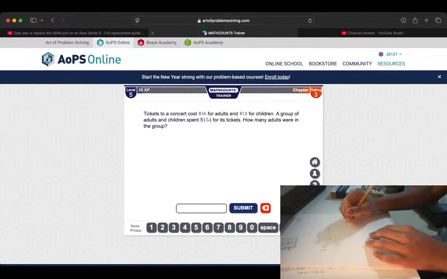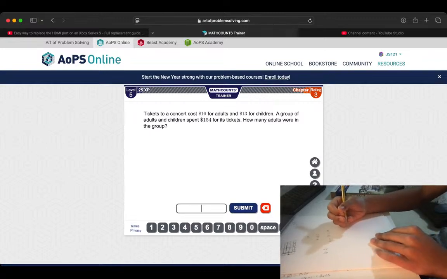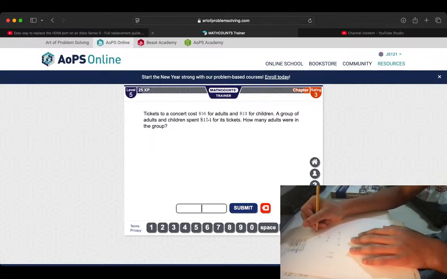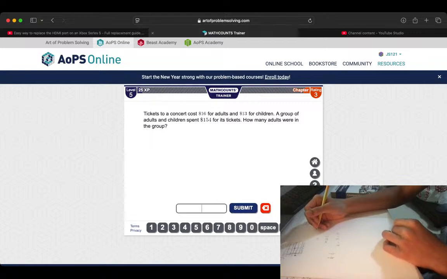Tickets to a concert cost 16 for adults and 13 for children. A group of adults. Okay, I think there's not going to be many collisions. There's not going to be 52, 78. No, there's not going to be any collisions here.